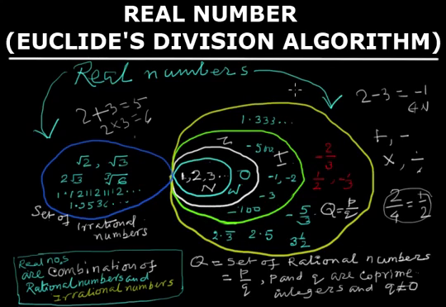So we extend our number system and include all numbers of the form p by q, where p and q are co-prime integers. What are co-prime integers? Co-prime means they have no common factor, like 3 and 4, 5 and 6, 7 and 8.